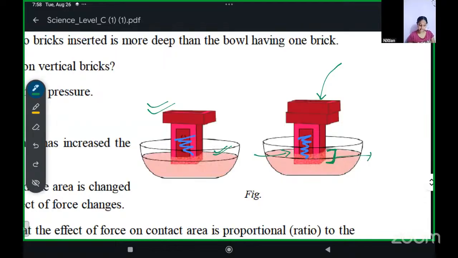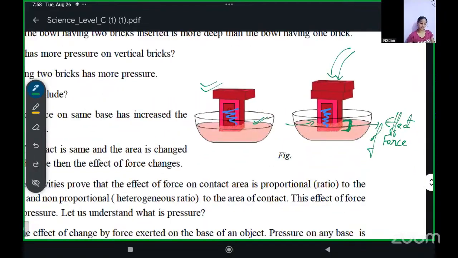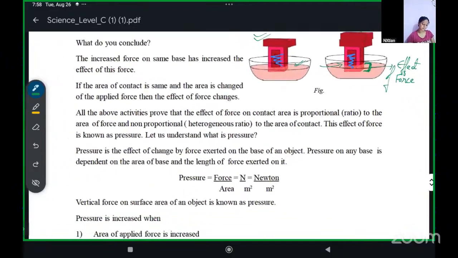When you add more weight or pressure, it will increase the effect of force. So this is very simple.